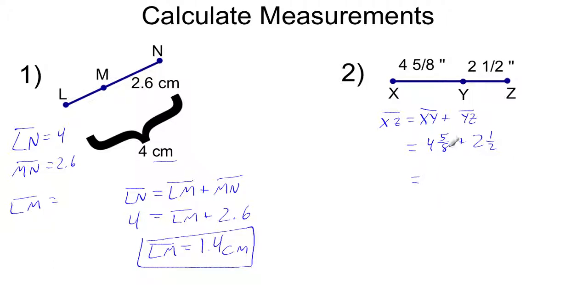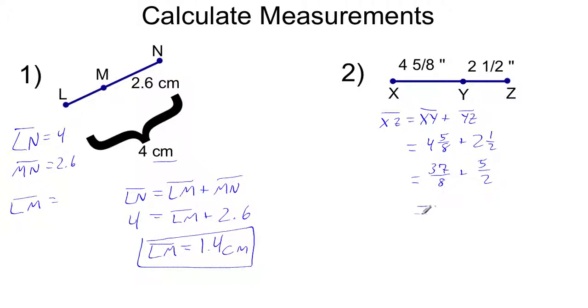So in order to change this mixed number, 4 5/8, to an improper fraction, we multiply the 4 and the 8 to get 32, and then add the 5, a nice little circular motion. So this is going to be 37 over 8. And 2 1/2, if we do the same maneuver, 2 times 2 is 4, plus 1 is 5.